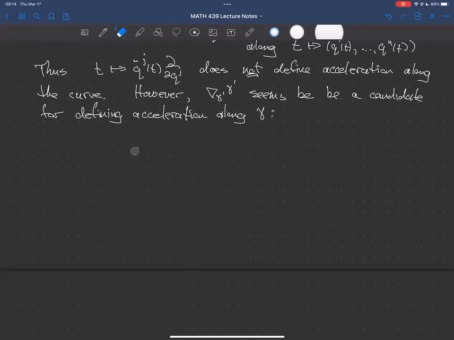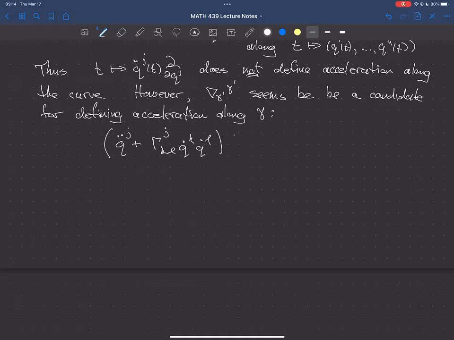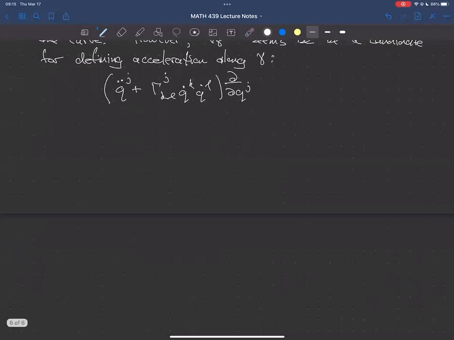I was using Q, so let me continue to use Q. Like I said, it has a double dot, so it seems like it might be acceleration. So let me give you a very simple example that I won't work out all the details for, because Henry will look at this example in the tutorial this afternoon.